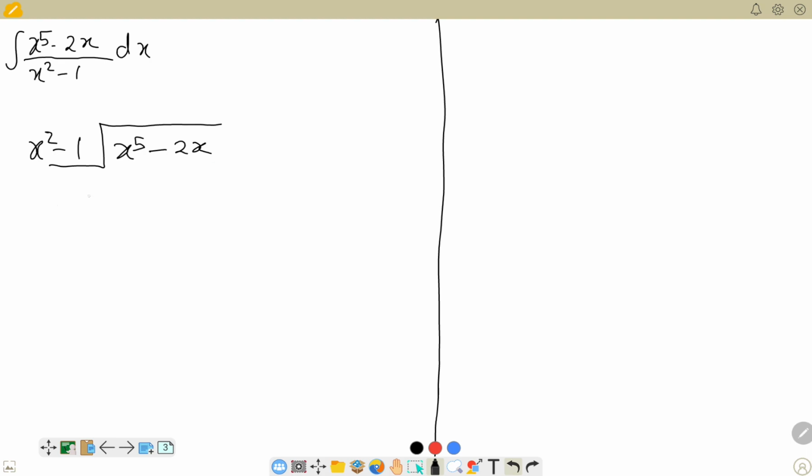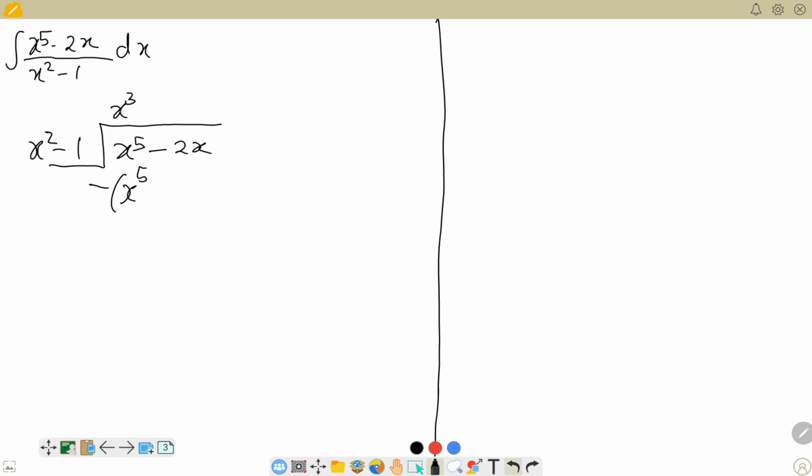So from here we want to reduce this x to the power 5 so that we can divide it by x to the power 2 minus 1. We say x to the power 5 divided by x to the power 2, we get x to the power 3. Then we take x to the power 3 and multiply by x to the power 2, then we get x to the power 5.